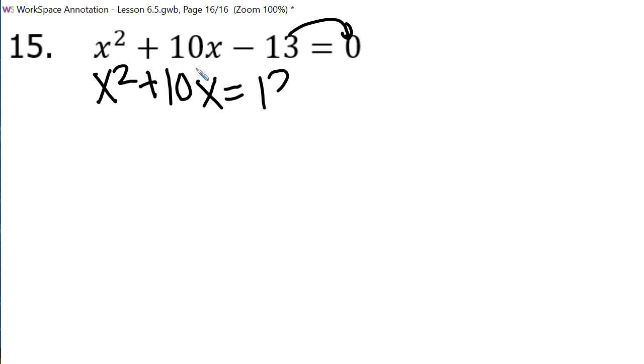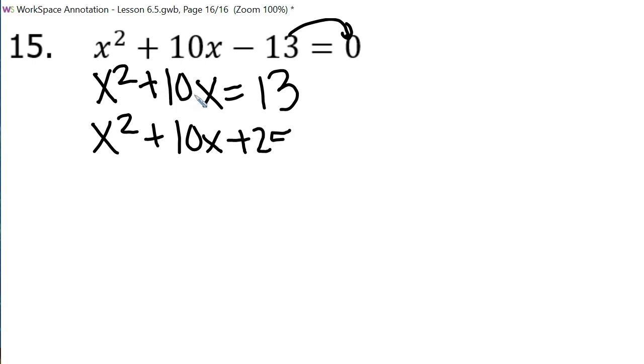So first of all, what is b? 10. What's 10 divided by 2? 5. And when you square 5, it gives you 25. What do I do with the 25? Add to both sides. So x squared plus 10x plus 25 equals 13 plus 25.